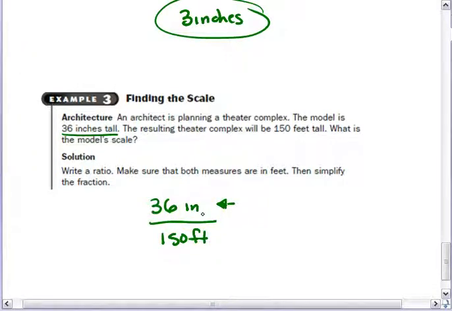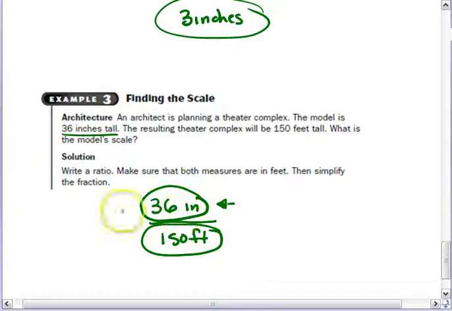So how would we find out what it is per inch? Well, this is kind of interesting because this is in inches and this is in feet. So maybe we should start by converting this to feet. Well, how many inches are in a foot? 12. So I'm going to divide 36 by 12, and I'm going to get 3 feet. So make it easier.